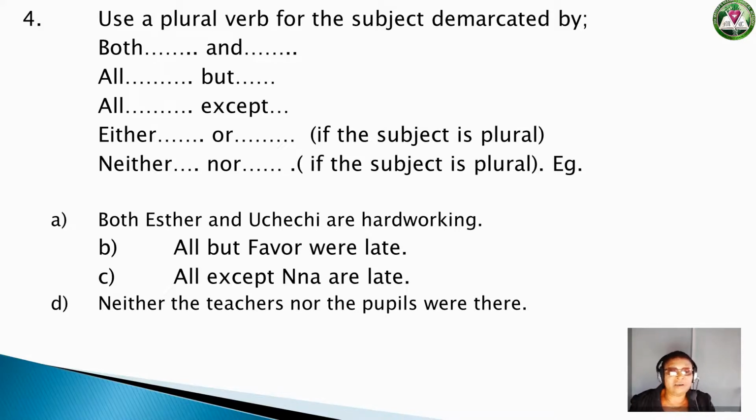Example C. All except Nna are late. Example D. Neither the teachers nor the pupils were there.